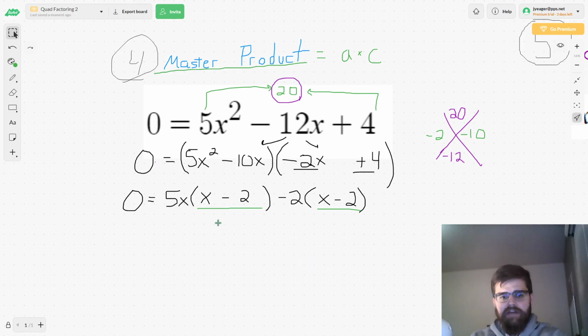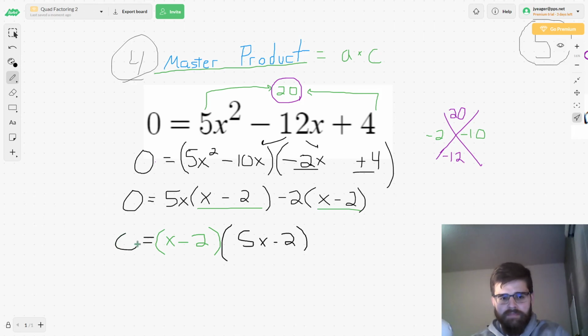They both have an x minus 2 as part of their term. So what I can do here is take x minus 2 out of the equation. I am undistributing an x minus 2, which is going to leave behind 5x minus 2.